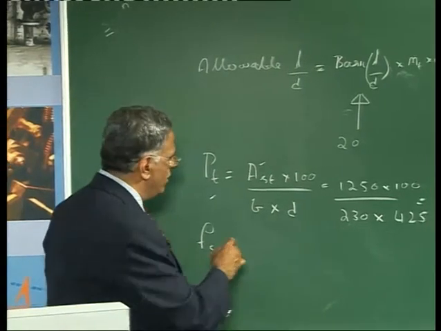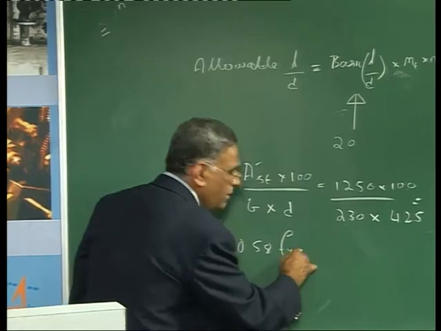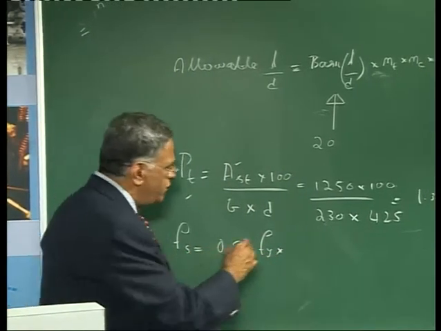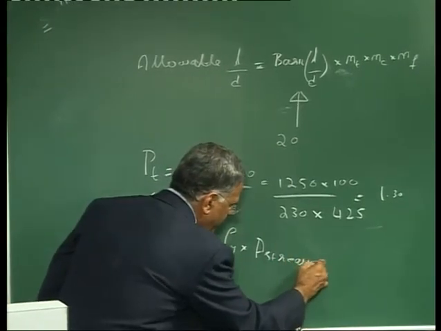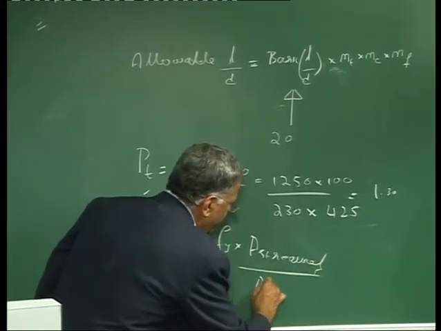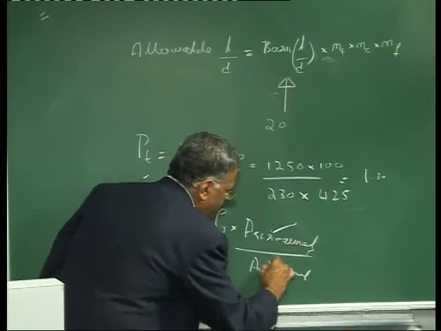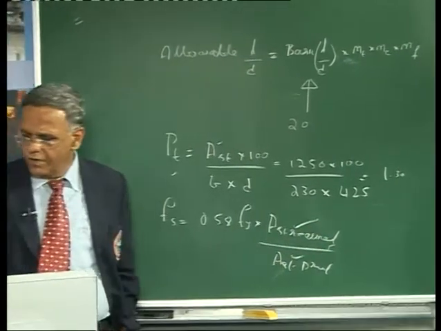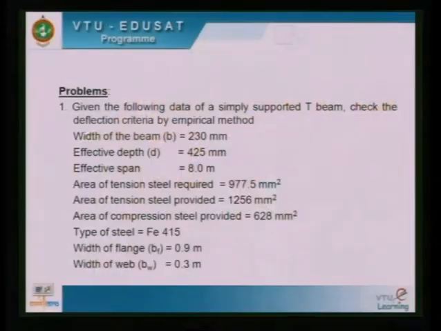Fs is equal to 0.58 times Fy multiplied by area of steel required divided by area of steel provided. These two things are given in the problem. The area of tensile steel required is 977.5 mm square, and the area of tensile steel provided is 1256 mm square.